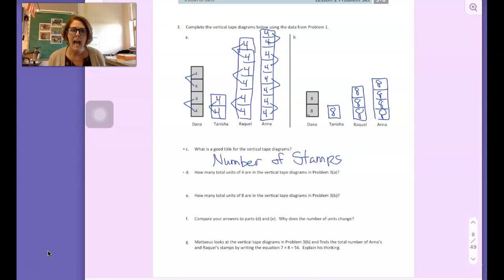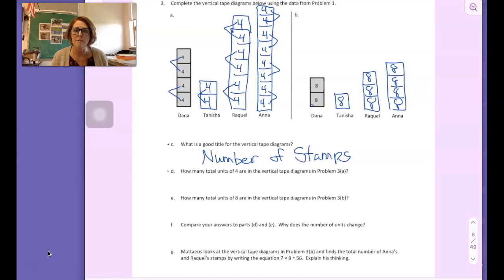Letter D says, how many total units of 4 are in the vertical tape diagrams in problem 3A? So here they mean, what is the total number of 4s? Go ahead and count those up. You should have gotten a total of 20 units of 4.